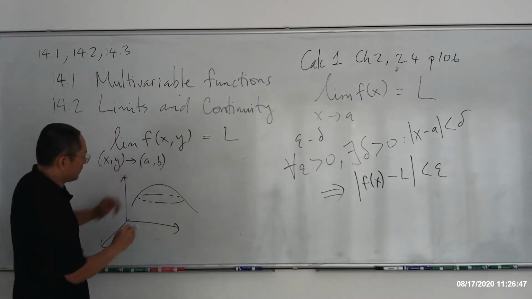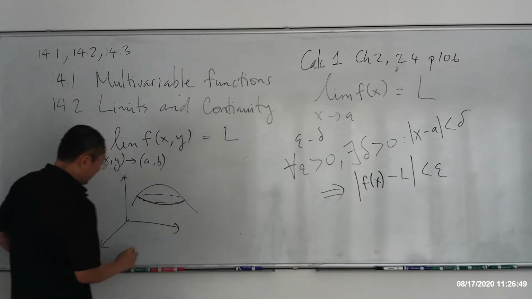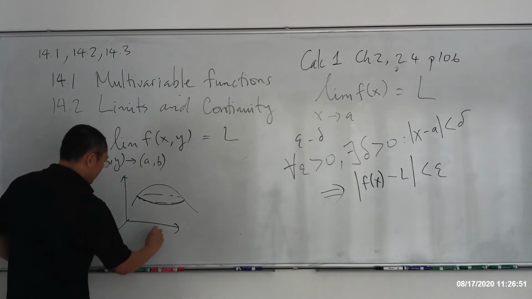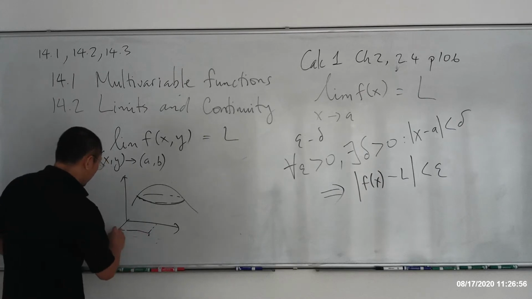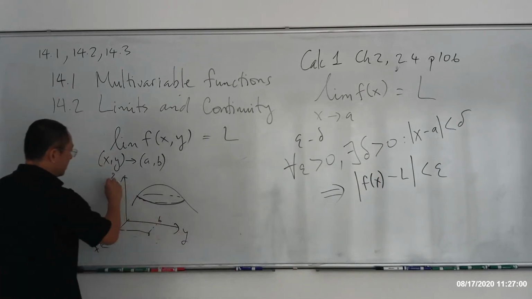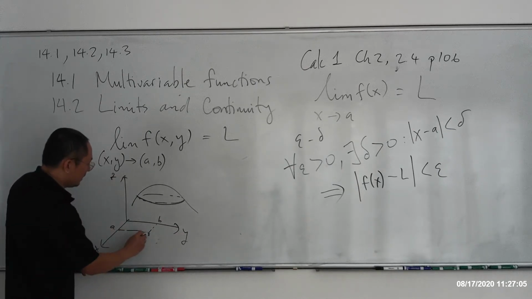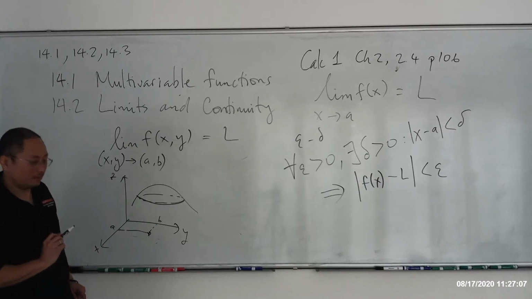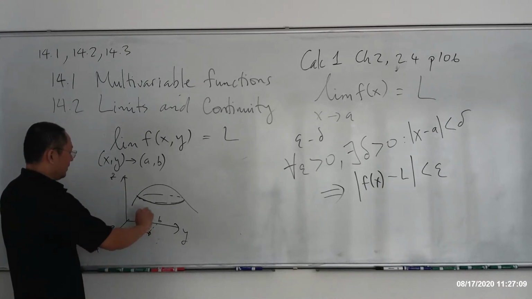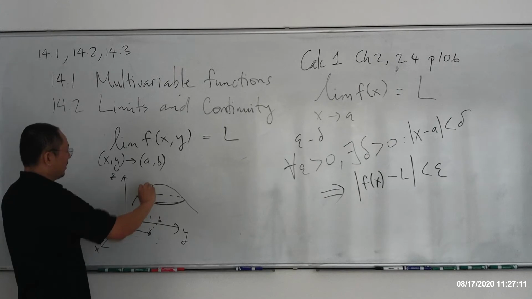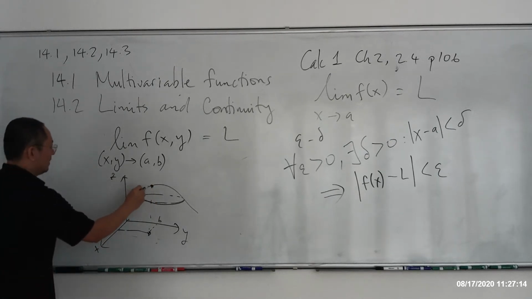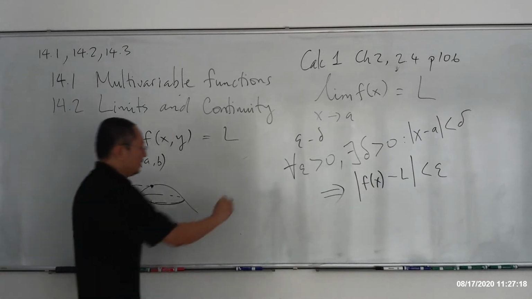Imagine this is the surface in 3D, and this is the point A in here: x equal to a right here, y equal to b right here, the x-axis and the y-axis. When (x, y) approaches the point (a, b), then the graph is going to approach the point z up there. This is f(a, b). See?